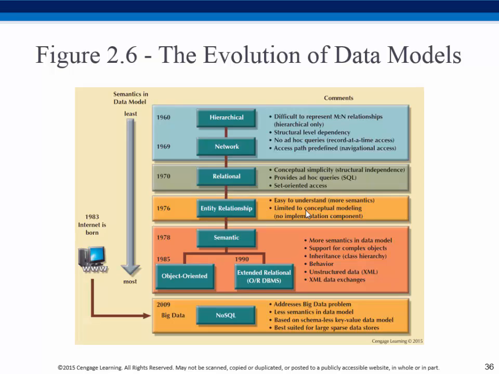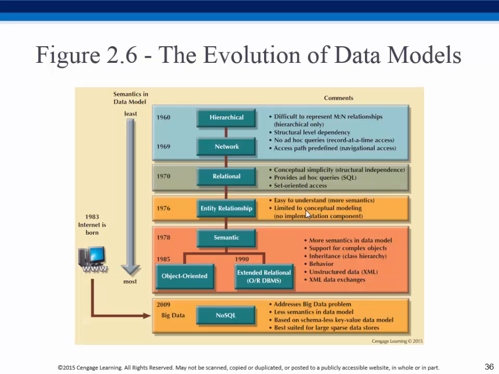In the 70s, the relational model came out: conceptual simplicity, structural independence, provides ad hoc queries with SQL and set-oriented access. In 76, the entity relationship was introduced, and it's easy to understand, has more semantics, limited to conceptual modeling, no implementation component.